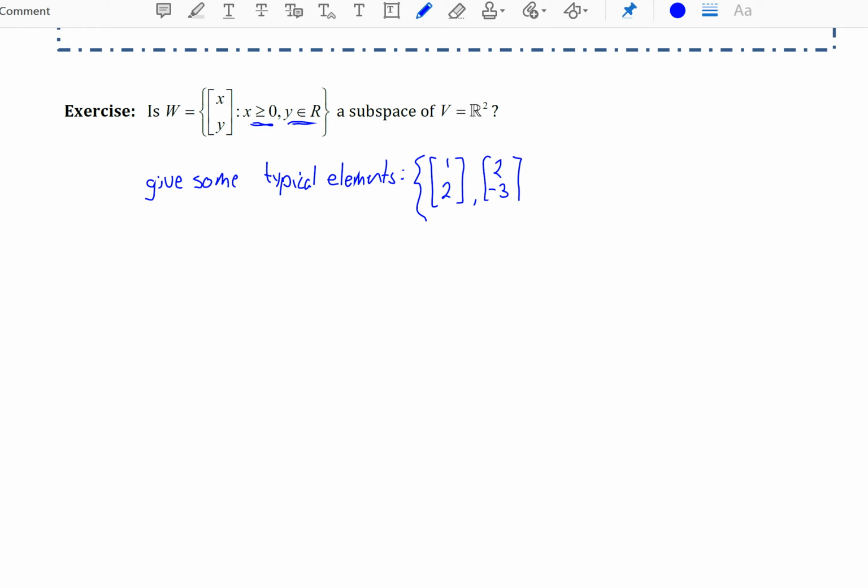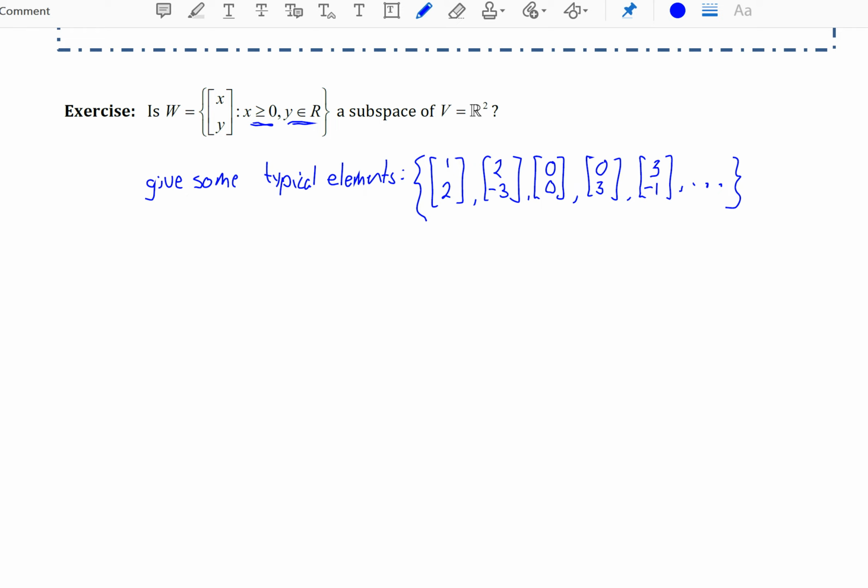That's in there, because notice that x is still positive. y could be any number. 0, 0 is in this space. 0, 3 is in this space. 3, negative 1 is in this space. Okay, and there's lots of things in here. I just wanted to write out a couple of them. And I'm asking, will this be a subspace of R2?